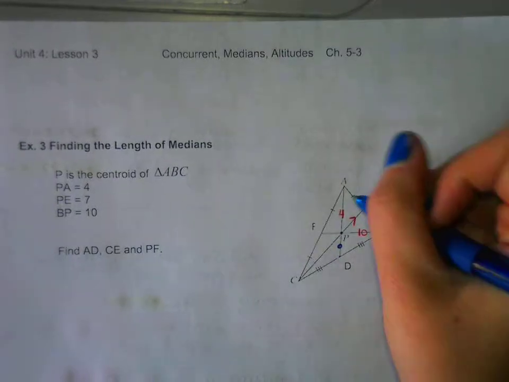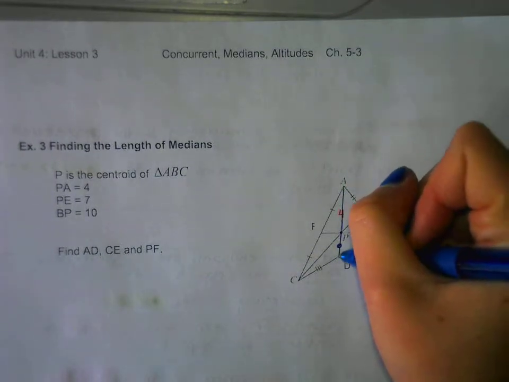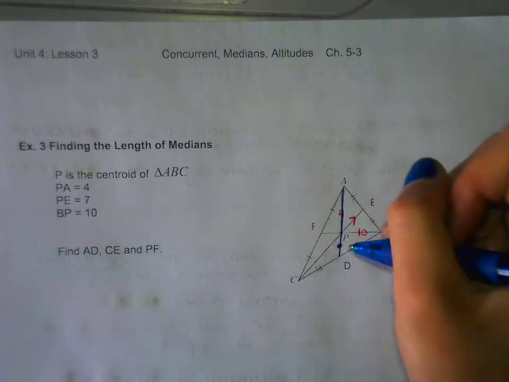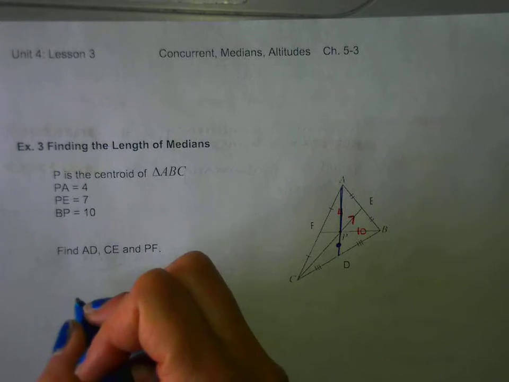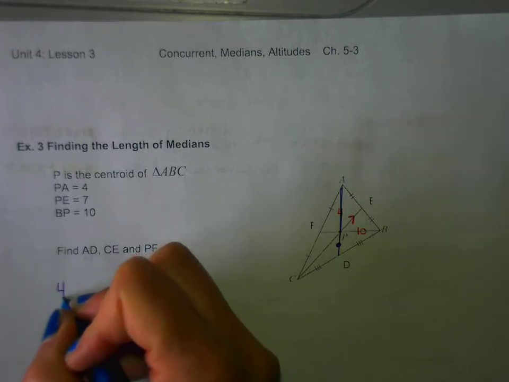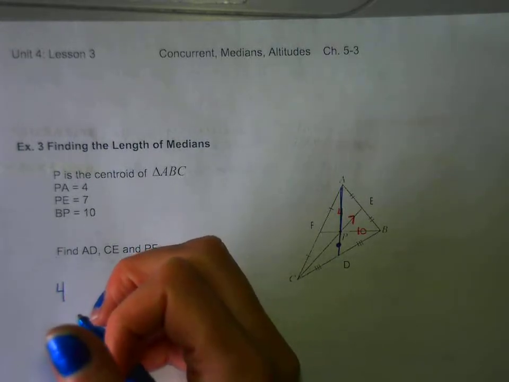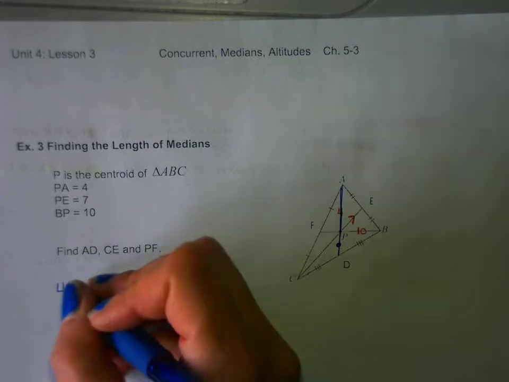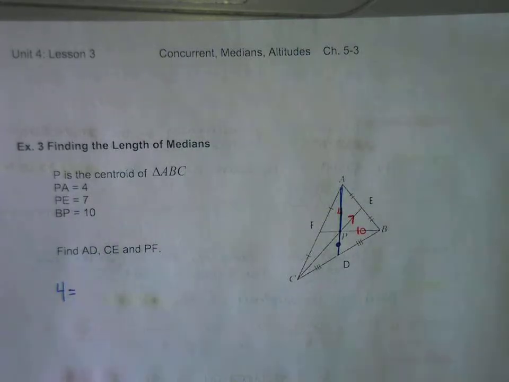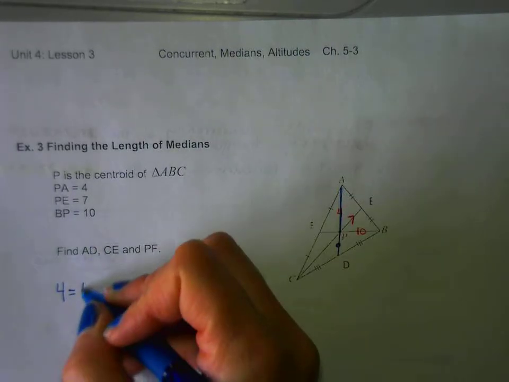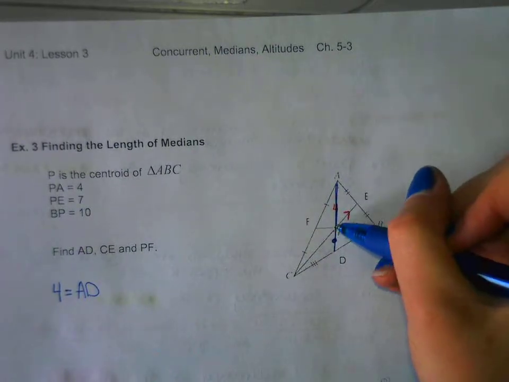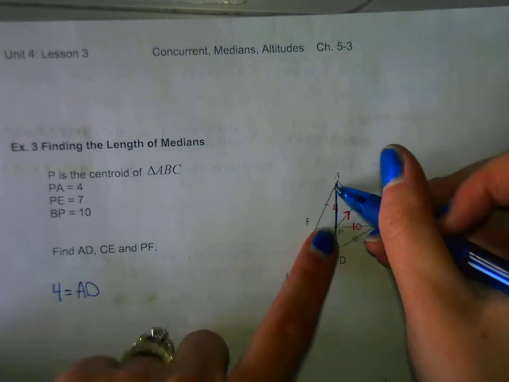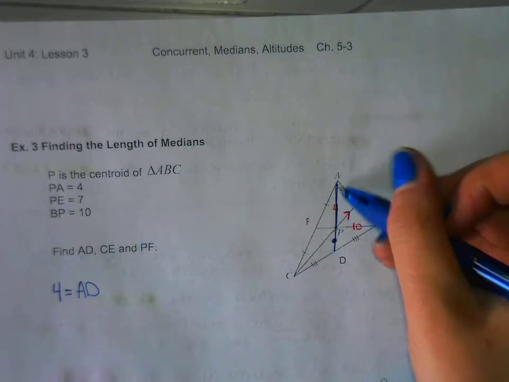So what I have is I know a part of that, which is AP, is 4. And I'm trying to find my whole length. My whole length is AD. Well, if I take a look at this, my 4 is actually the longer segment. PD is the shorter. So that means 4 is 2/3 of whatever my whole length is.